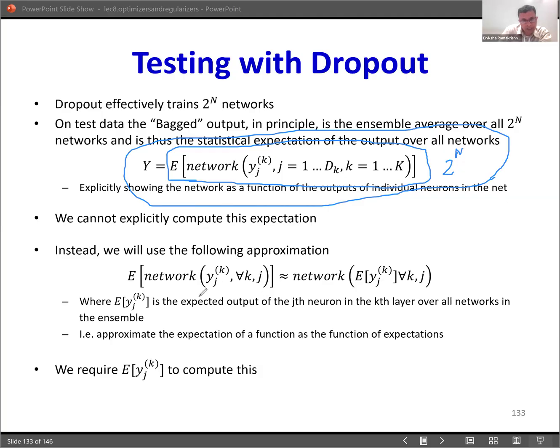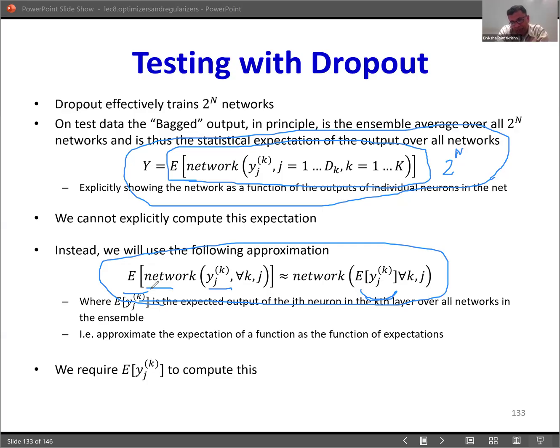So then you make an approximation. The network is a function of many y's, where the y's are the individual neurons. So you say that the expectation of the network of y's can be approximated as the network of the expectation of y's. Is this making sense? That this is an approximation? And would this be true in general?